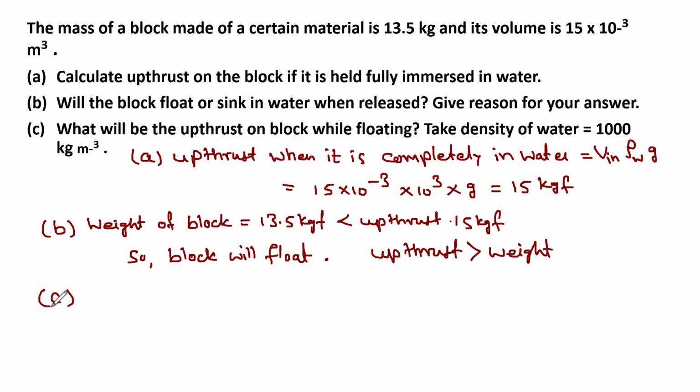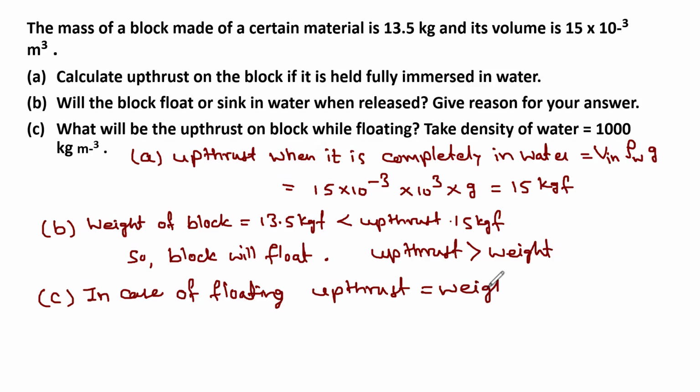Now when it is floating, in C part we need to find out what will be the upthrust. So we know that in case of floating, upthrust acting will be equal to weight of the body. So here upthrust will be equal to weight of the block.